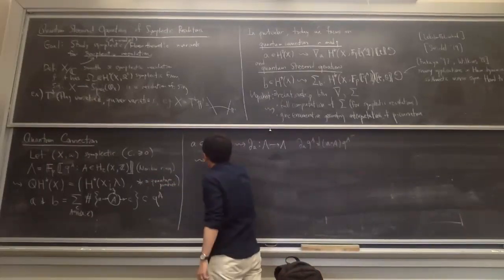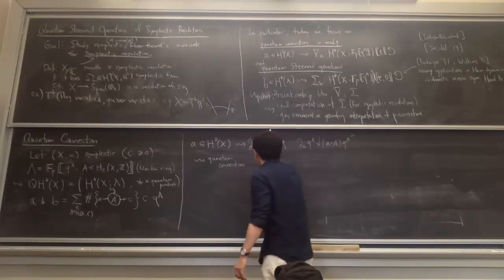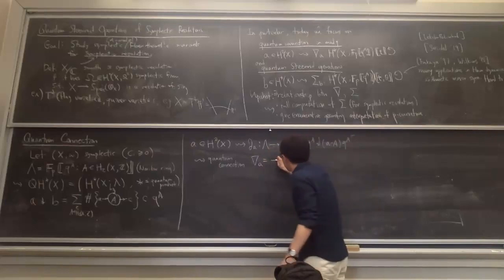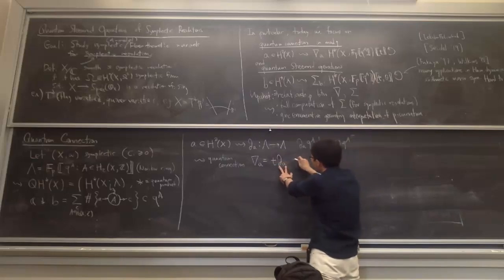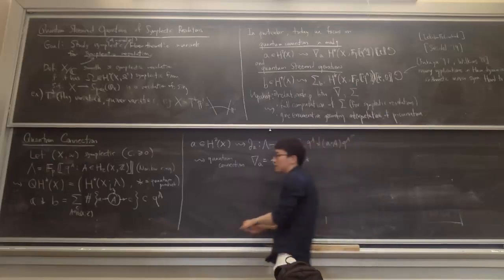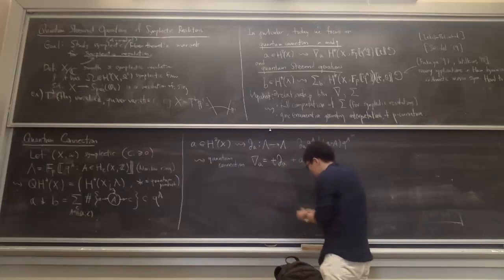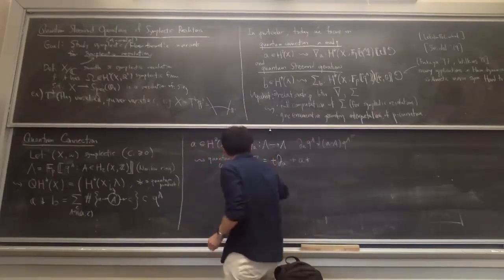And then from this, you can define the quantum connection, which is something like a formal connection that differentiates using this Novikov differentiation operator. And the connection matrix is exactly given by the action of the quantum product of this cohomology class. And this T here is some kind of a formal parameter of degree 2.